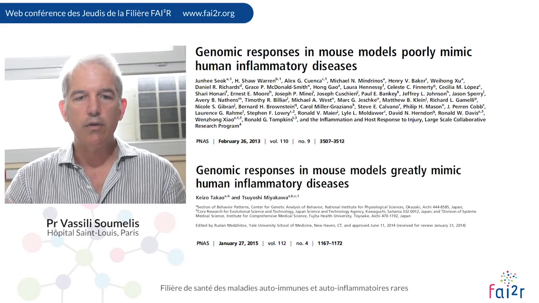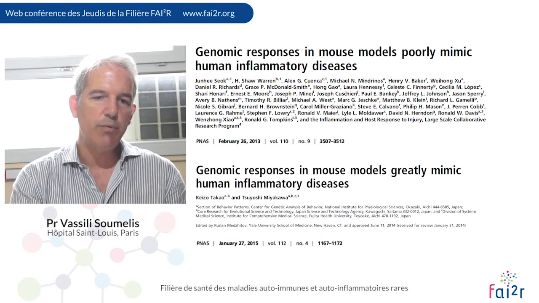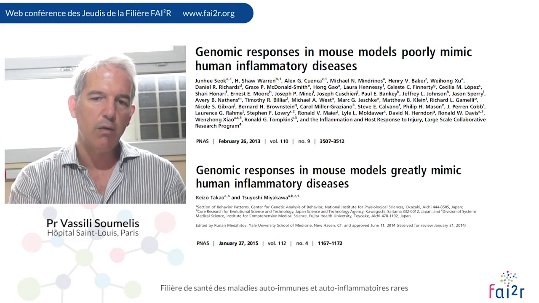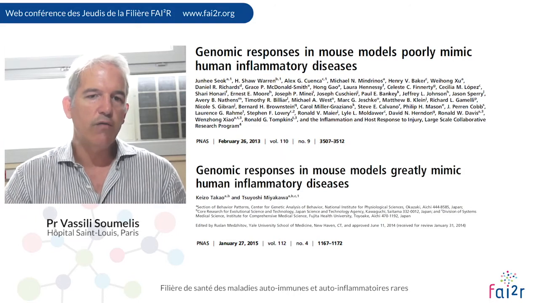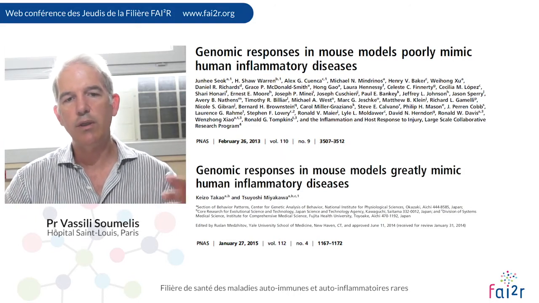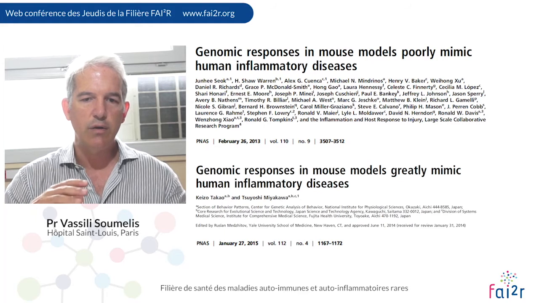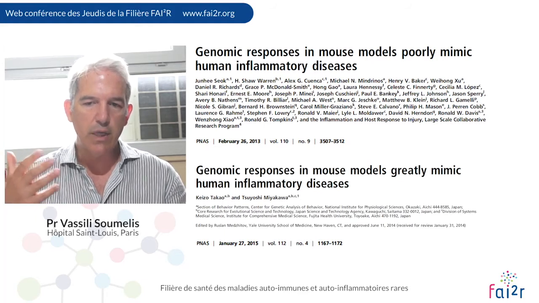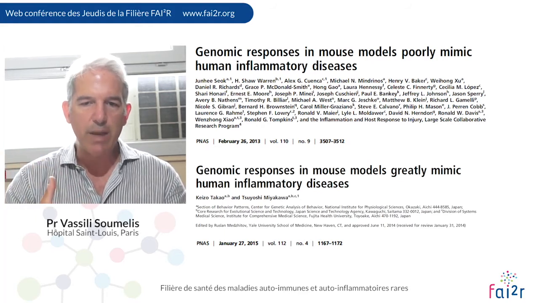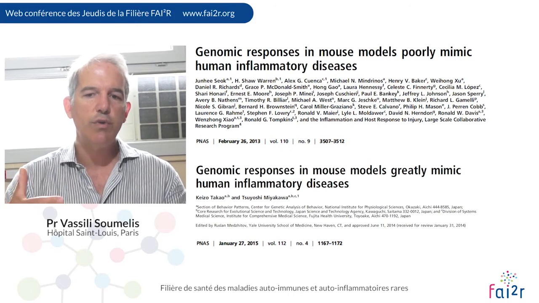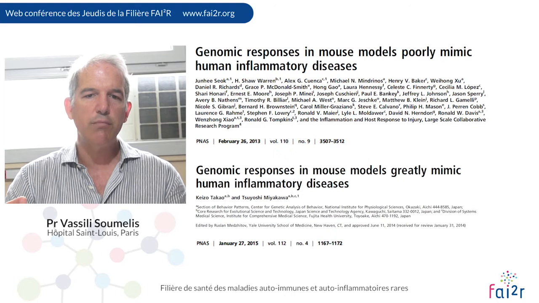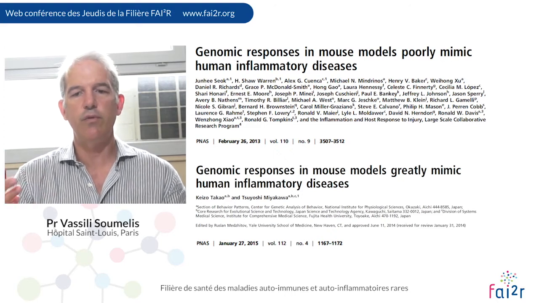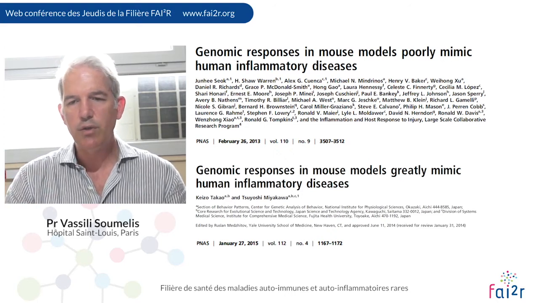conclusions of an article. The first paper shown here, published in PNAS in 2013, is from an American consortium that generated a lot of data to address different questions in human severe injury or inflammation, and how the host response and host inflammation responded to these different types of stresses and injury.